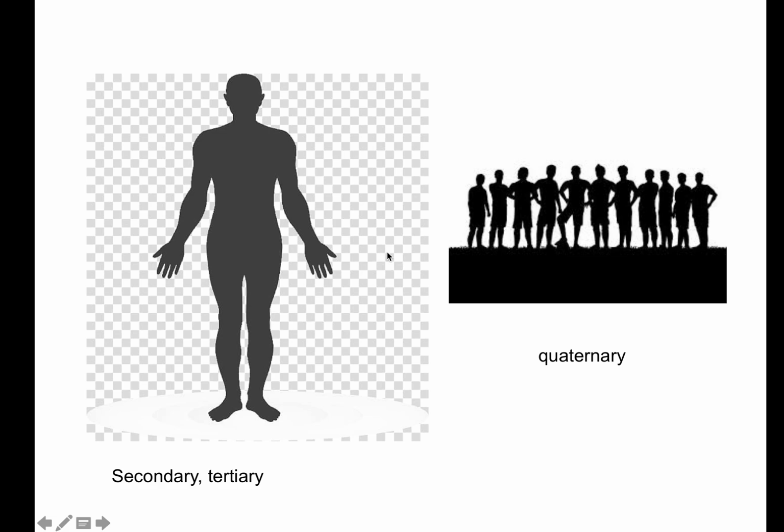Quaternary structure would be many tertiary structures working together to form one unit. So if this is a soccer team, one soccer team plays another soccer team in the game of soccer. It's not that one individual plays against another individual in soccer. It's a team that plays against another team. And that's how some sports work.